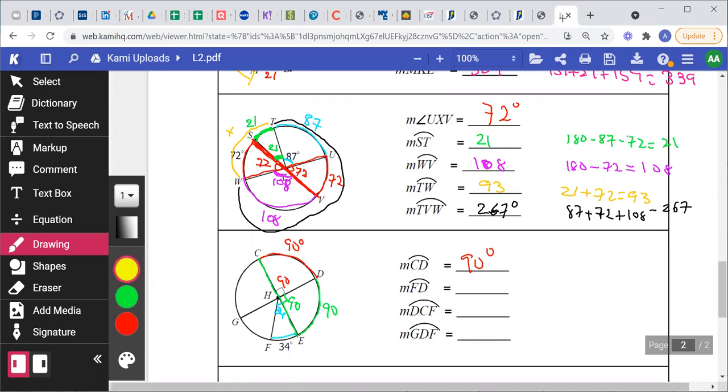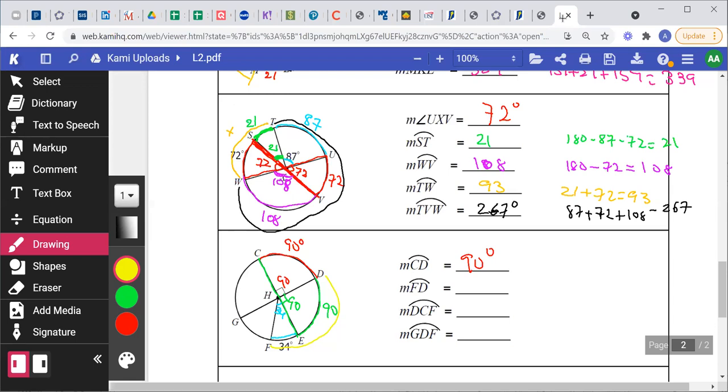FD. So I'm going to move from F to D. Sometimes when they give you an arc and it's 2 letters, most of the time it's always a minor arc. When it's 3 letters, it means you have to take consideration of some things, maybe something that is a major arc.